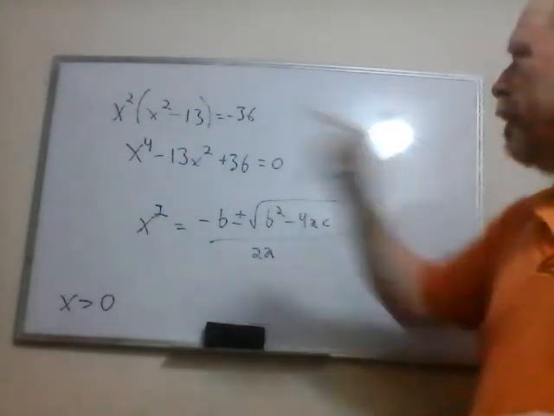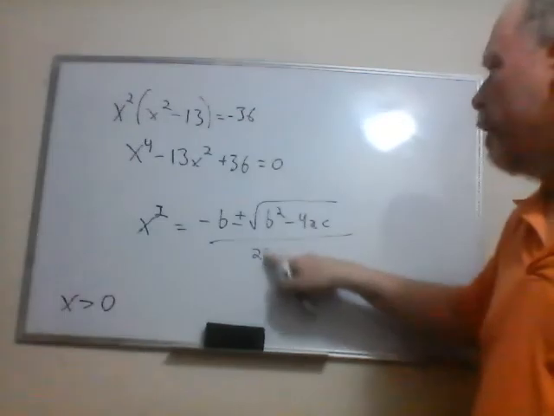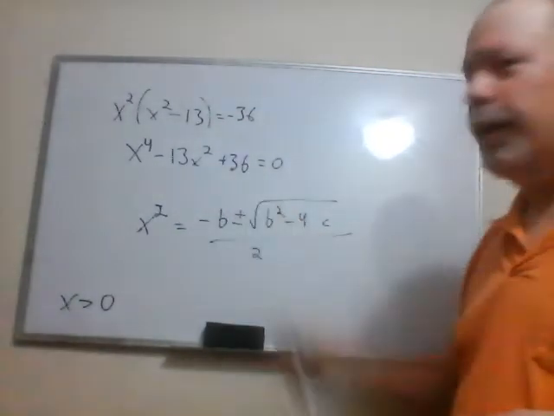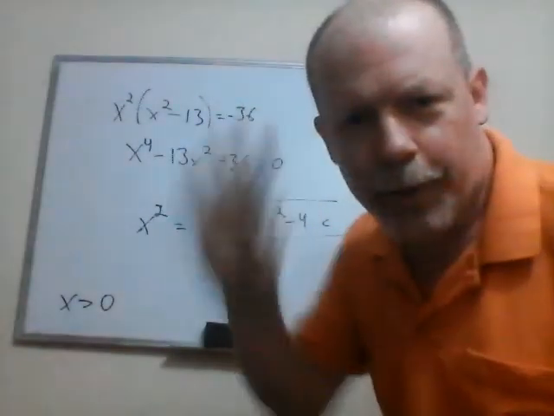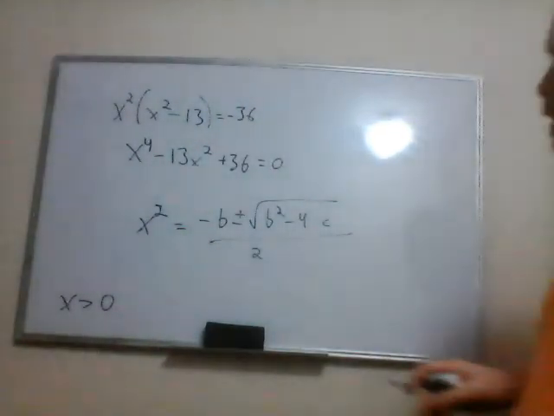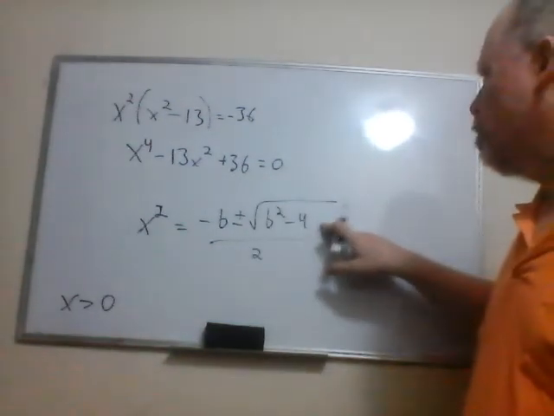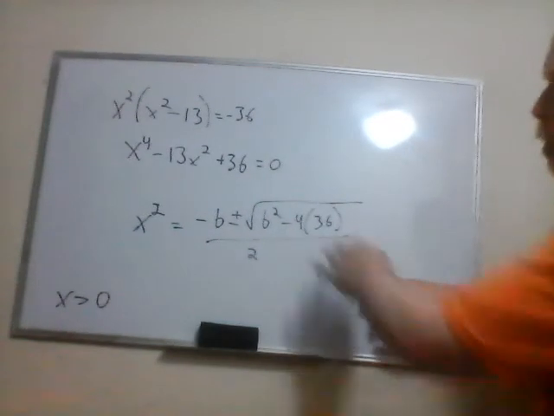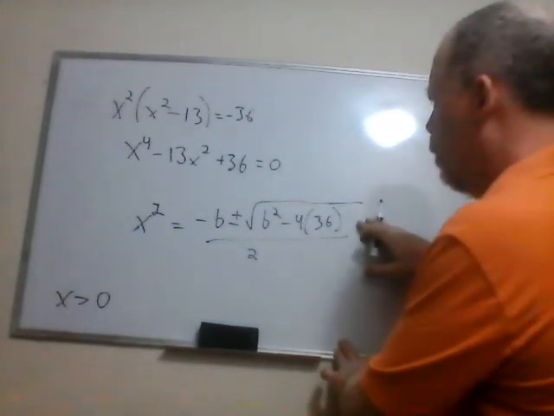So what is a? A is 1, it goes away. I always like to do c next, and again, algebra teacher, hi. 36 here is going to be c. From there, 4 times 36 is 144.